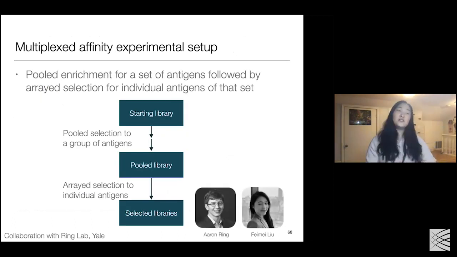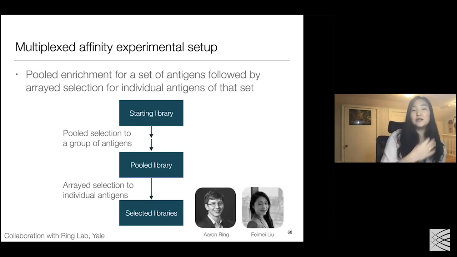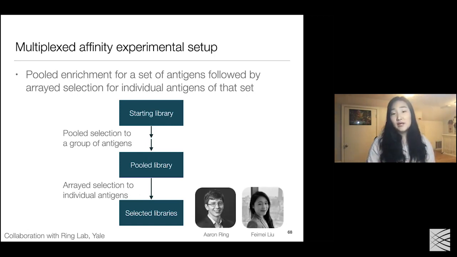And then on top of that, an especially exciting affinity experiment is the multiplexed affinity experimental setup that Aaron Ring and Fei-Mei Liu have developed in their lab. And this is a pooled enrichment for a set of antigens. So you have a pooled selection and then an arrayed selection to get nanobodies or antibodies that bind to individual antigens of that group of antigens that were used to do the pooled enrichment.